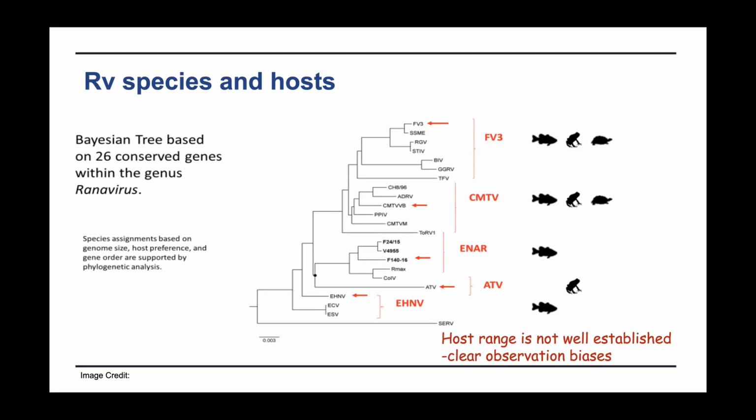But importantly, I just want to point out that host range has not been well established. This largely reflects the species that these viruses have been isolated from, and not necessarily experimental evidence about the potential host range, like who could be infected.